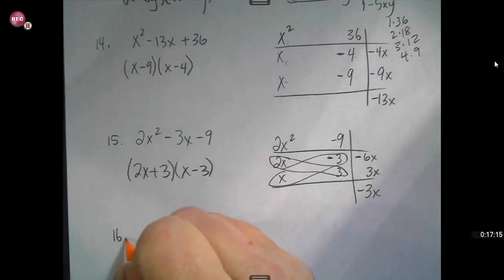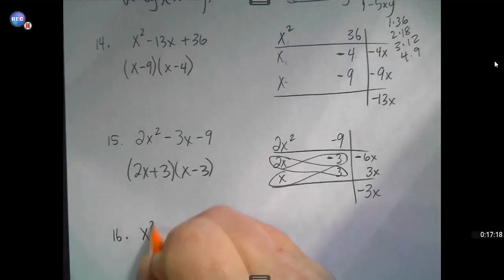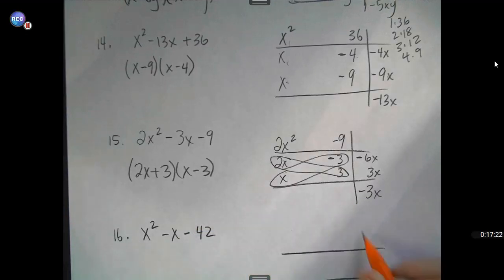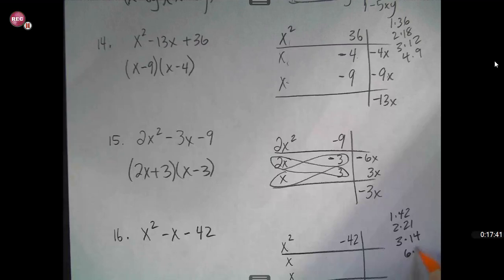And last one, 16. X squared minus x minus 42. Again, no greatest common factor. So we go straight to our puzzle. That's what you do. X and x. 1 times 42, 2 times 21, 3 times 14, 6 times 7, and I think that's it.